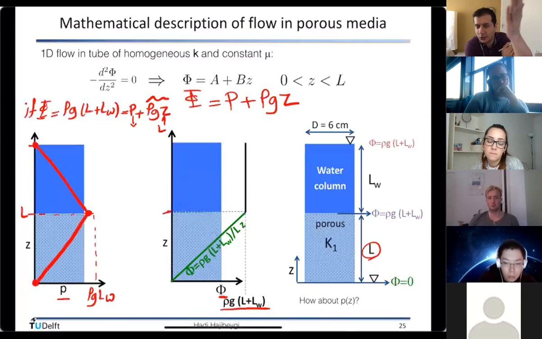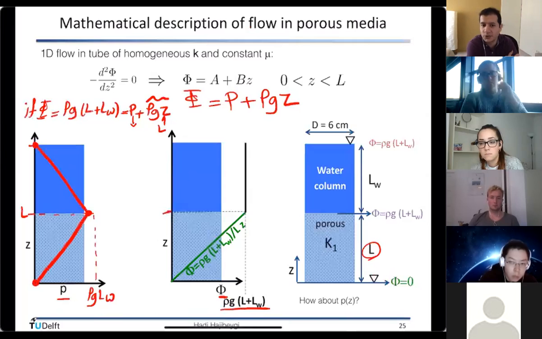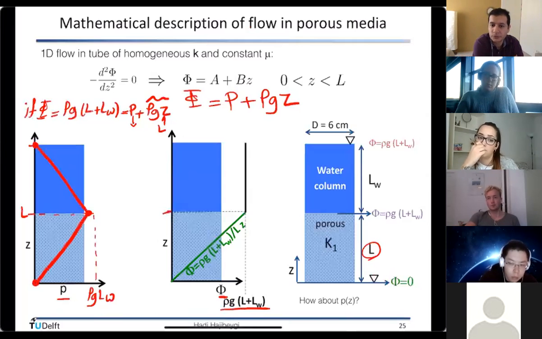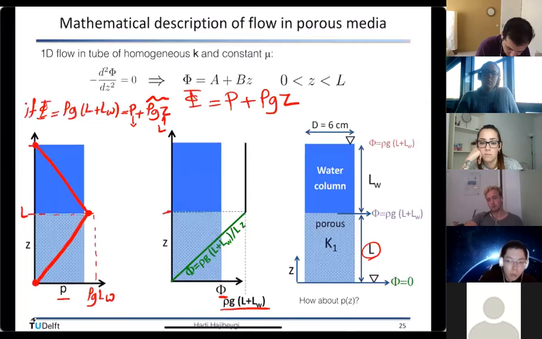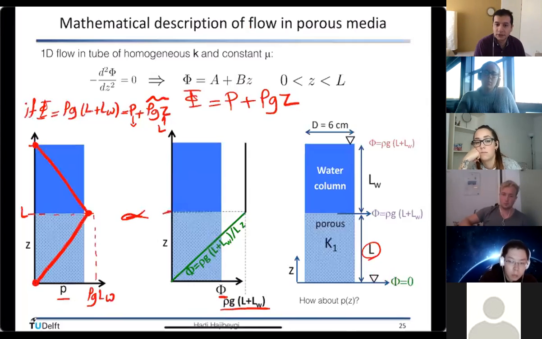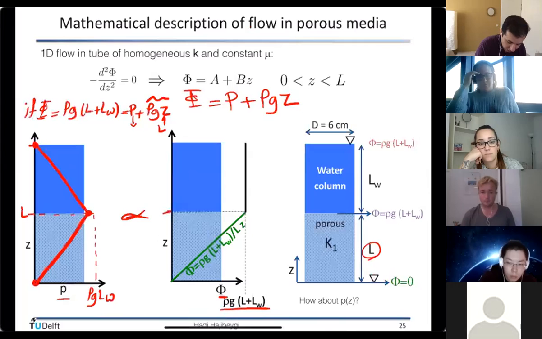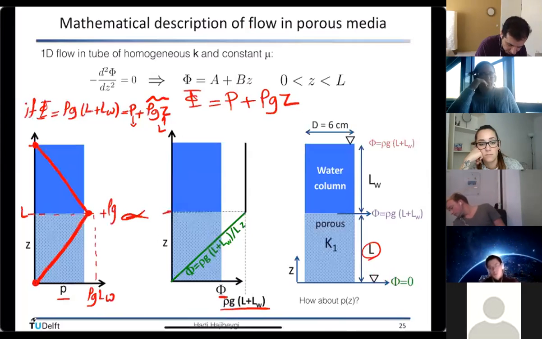Pressure at the beginning increases, in the middle of the sample it decreases, and again goes back to 0. This is the pressure distribution. The middle part is the potential distribution, and the two are correlated, and the correlation is potential. The right one is pressure plus rho g Z.